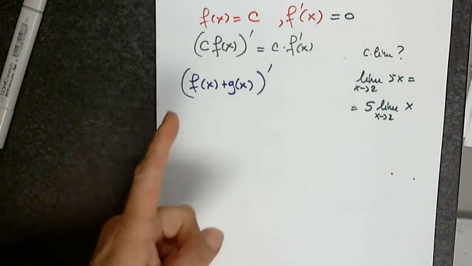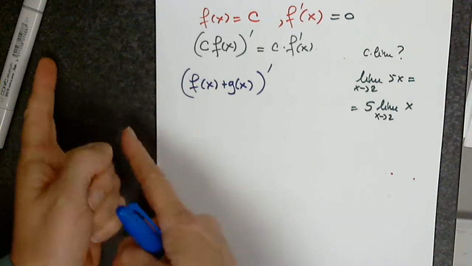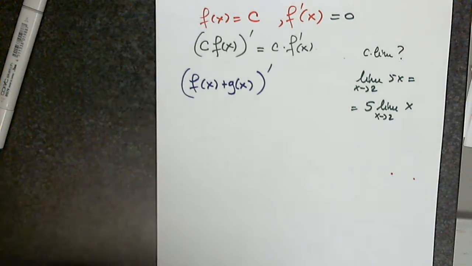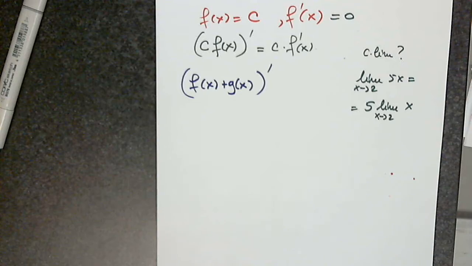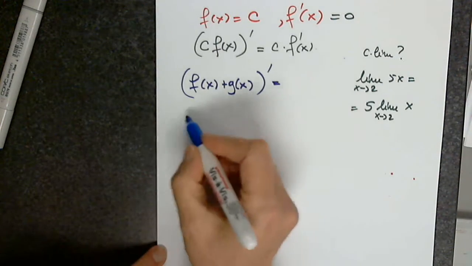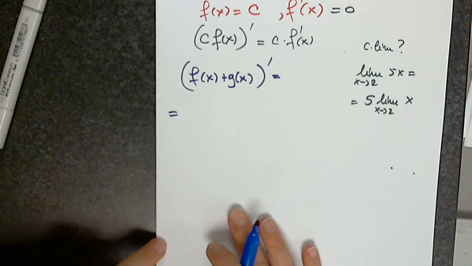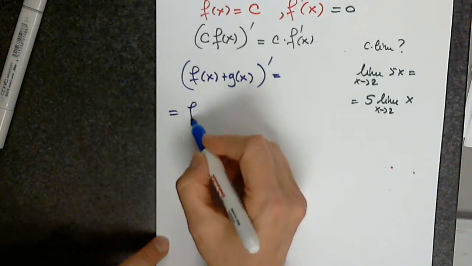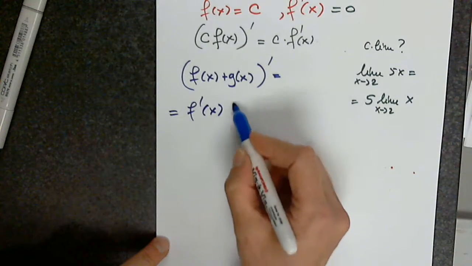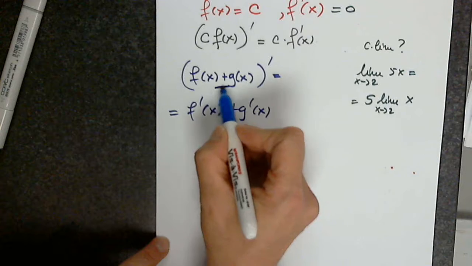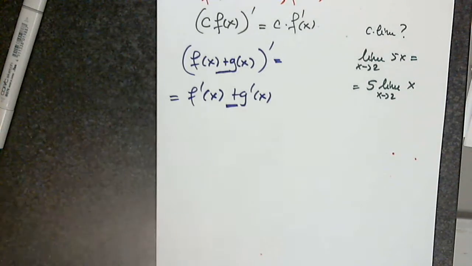So just imagine that this is a limit of a function plus another function. So what will this equal to? f prime of x plus g prime of x. Of course, if I have minus, it's also minus. So they can go together. Good. Next one.